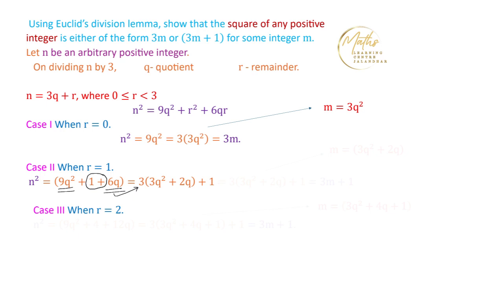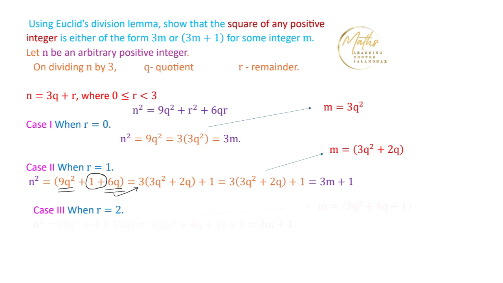So we can write this as 3 into 3q square plus 2q, plus 1. If we write 3q square plus 2q as m, we get this value is equal to 3m plus 1.